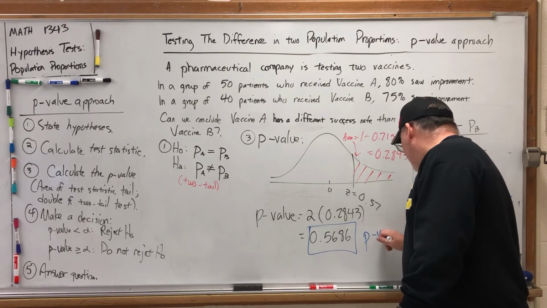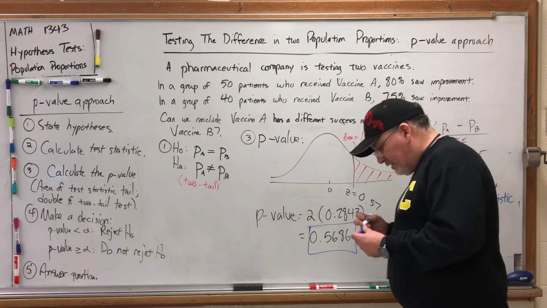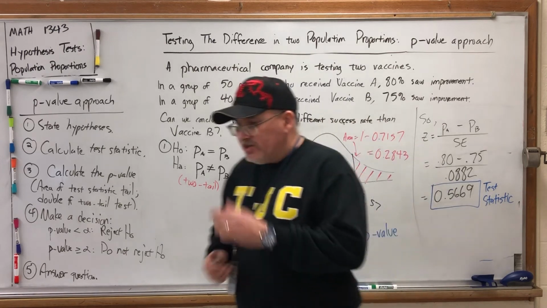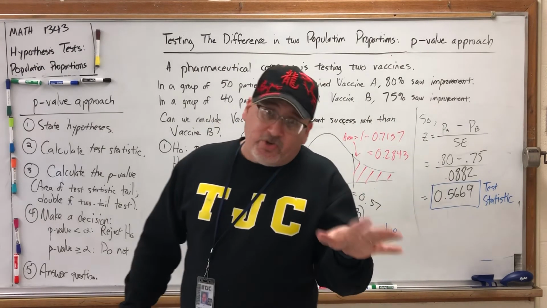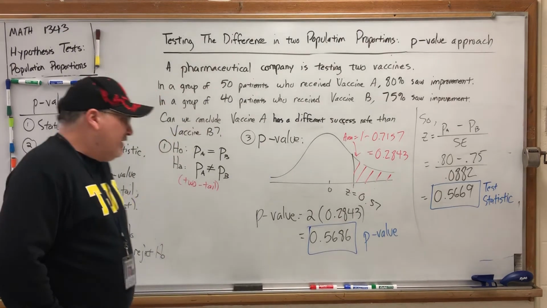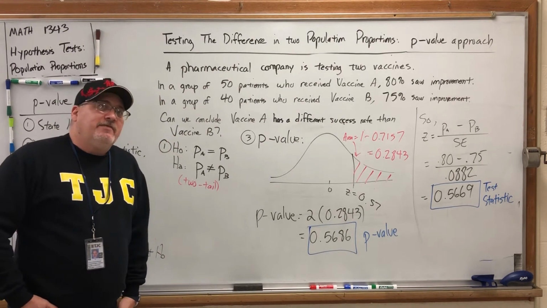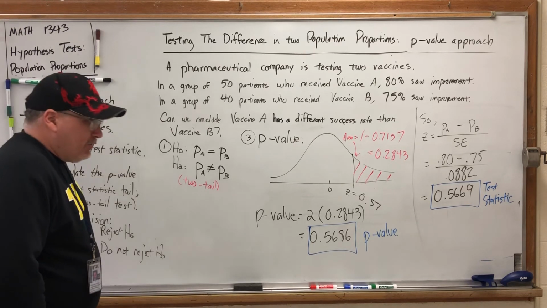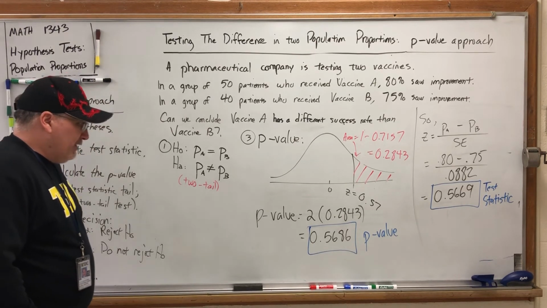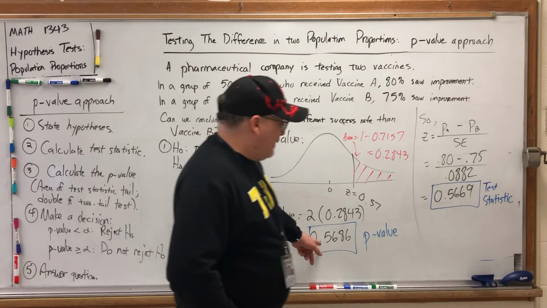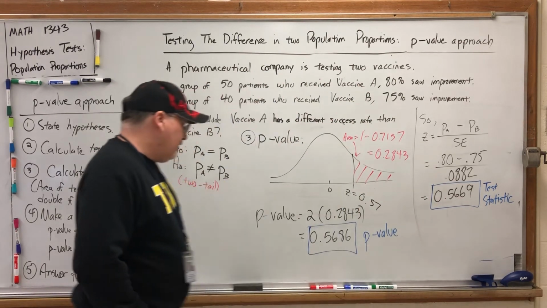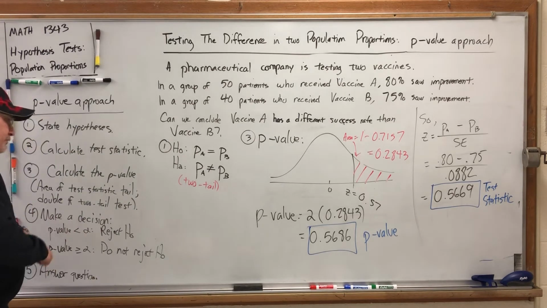Oh, by the way, there are technologies that will instantly tell you what this p-value is. But being a theoretical mathematician and not an applied mathematician or statistician, to be honest with you, I don't like resorting to technology if I can avoid it. All right, so our p-value is fairly large. I'm a little bit taken aback by how close the p-value was to the test statistic, but I assure you that was total coincidence.